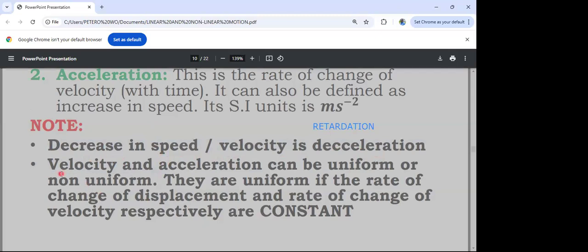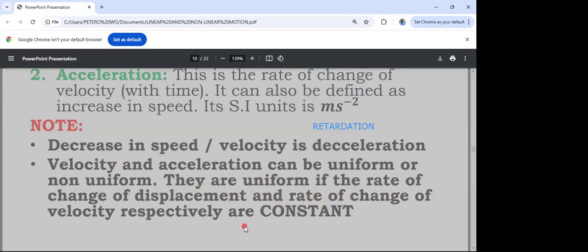The other note says that velocity and acceleration can be uniform or non-uniform. They are telling us when velocity is uniform, or when acceleration is uniform.